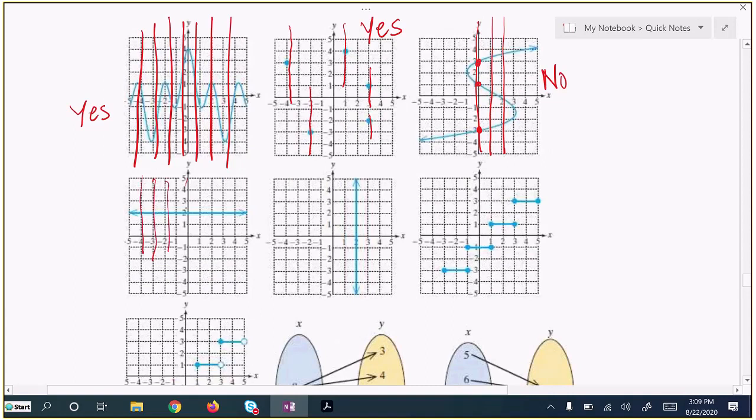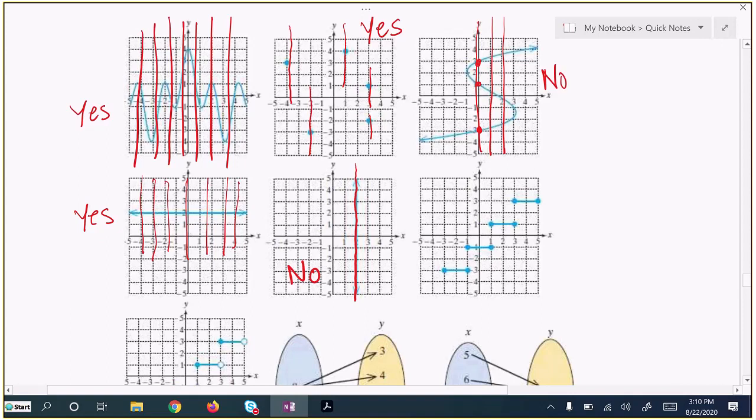Well, I can still do my vertical line test, and I can see that yes, this is a function. So a horizontal line is a function. A vertical line is not a function because it fails the vertical line test very badly. So it's not a function.